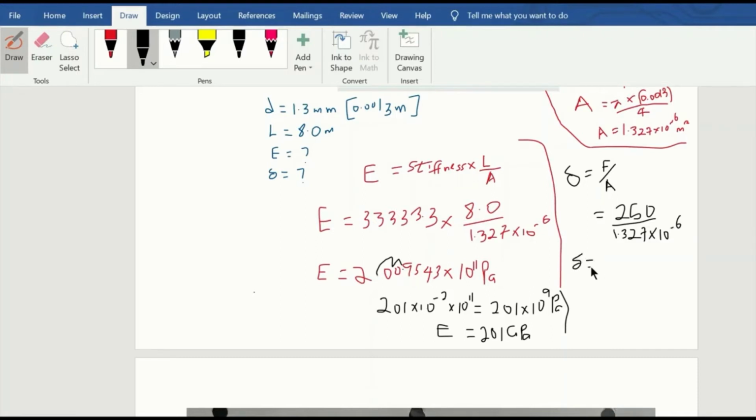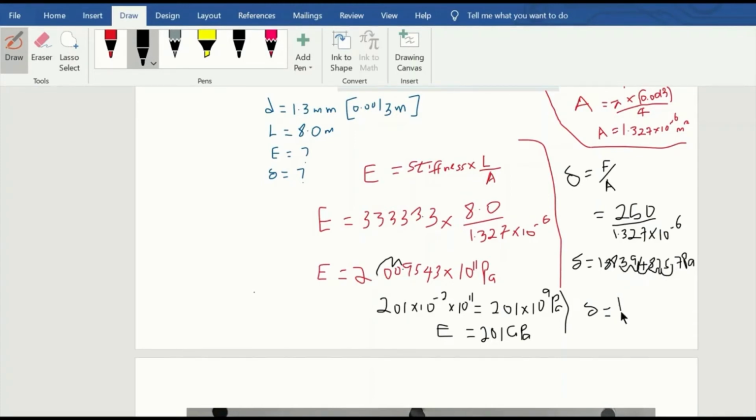Our stress is 188,394,875.7 Pascal. Now, we can also convert this to a megapascal, so I can see that my stress becomes, I'll move the decimal point 6 places, 1, 2, 3, 4, 5, 6.